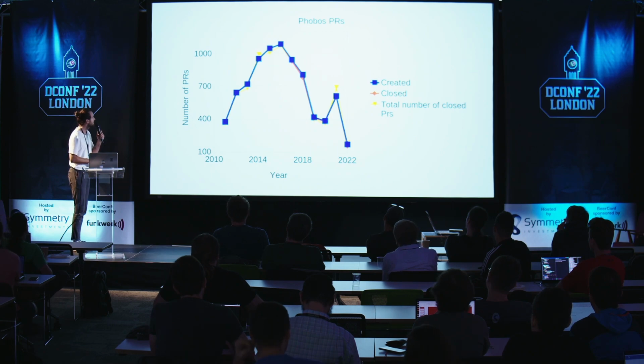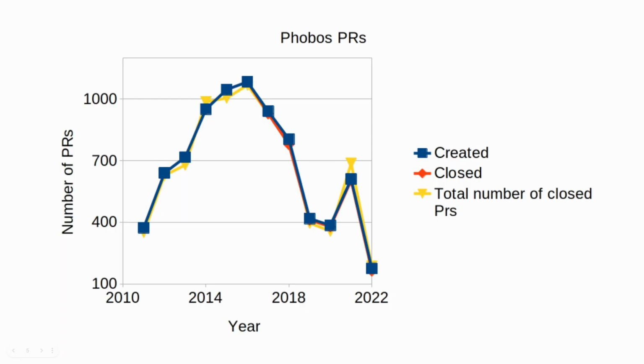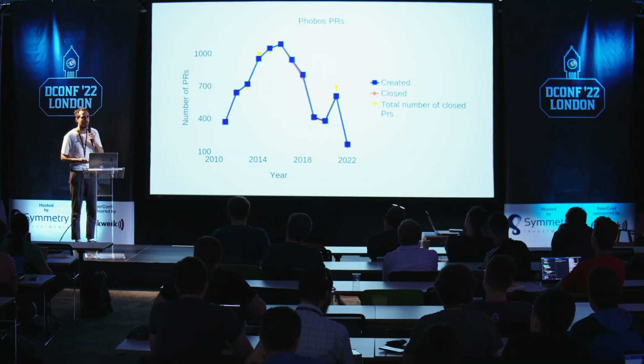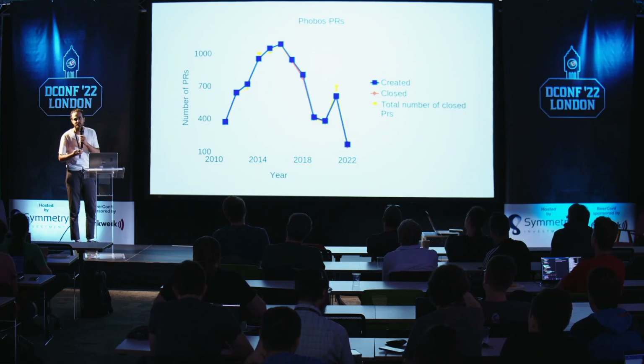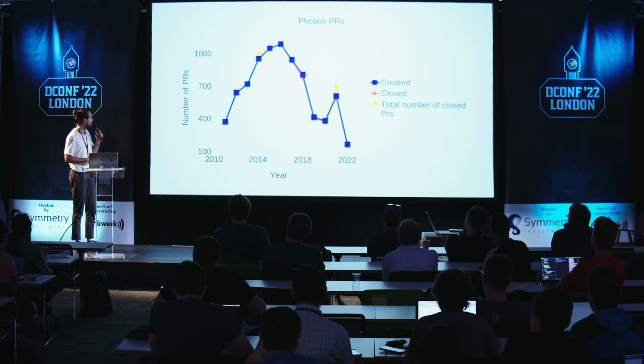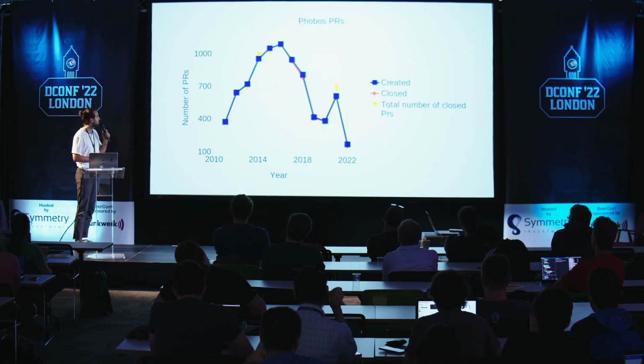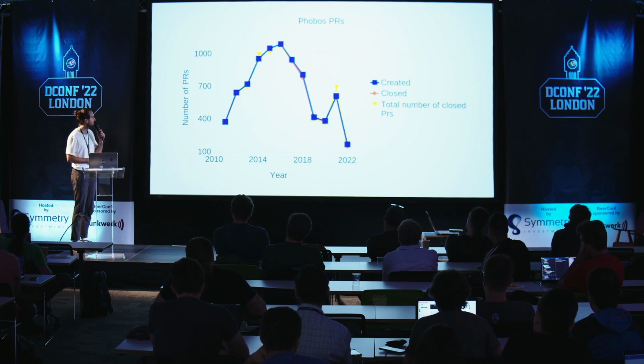Phobos, on the other hand, has also been in bullish territory, but for some time it's been going down. This could also be seen as Phobos being stabilized, or maybe we are lacking contributors. I don't know because I didn't really research that, but anyway, I wouldn't suggest being bullish on Phobos right now.